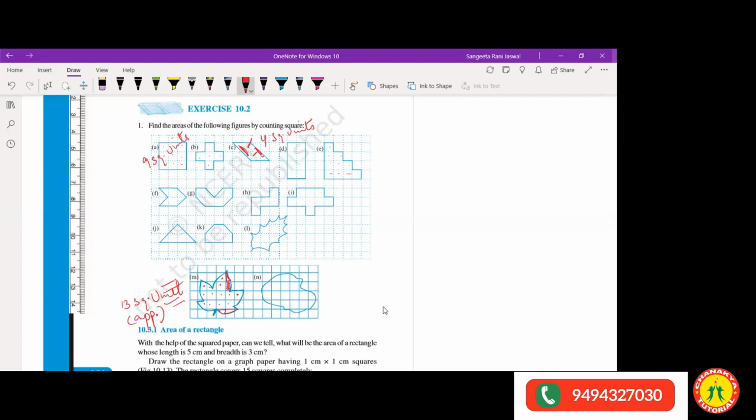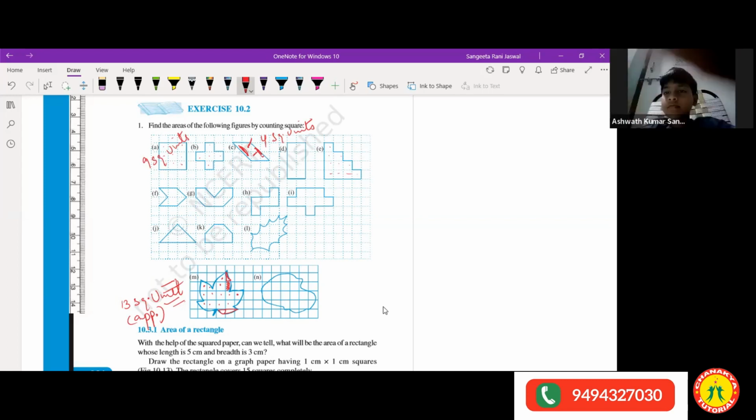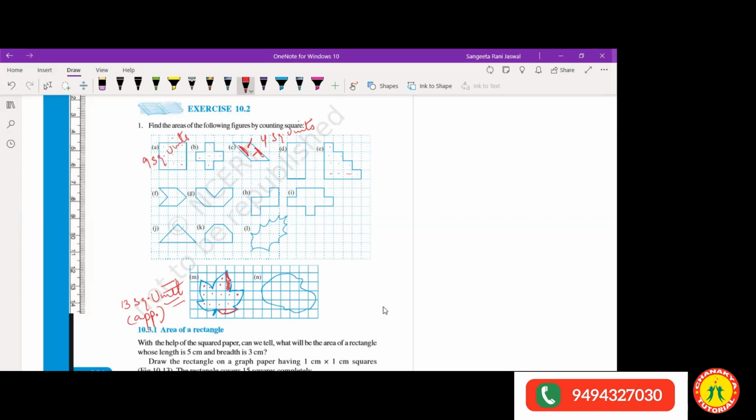Similarly, here also we will first count the complete squares. This is complete, this is complete, this is complete, this is also complete. Now we will count those which have more area inside the curve. This one, this, wherever I'm putting dots.